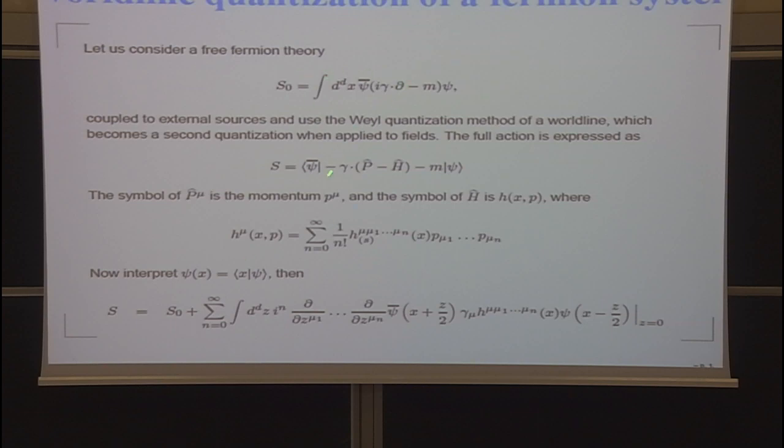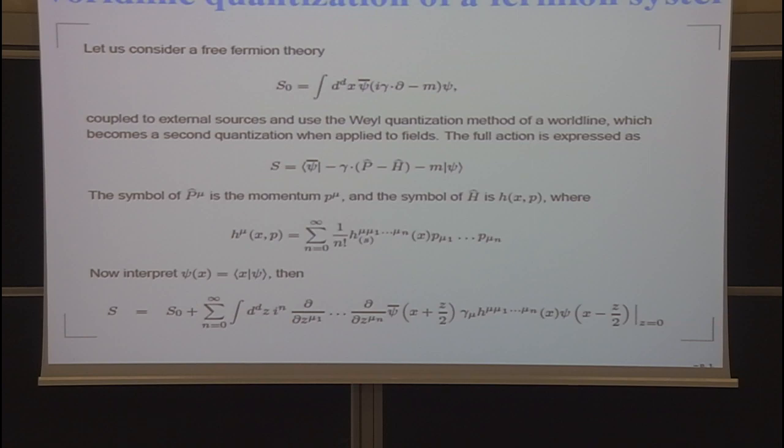But then we replace this with operators, and we represent it in this way, where P is the momentum operator, psi are the vectors, say, stated in phase space, and gamma is the gamma matrix, and H contains an operator whose symbol is represented by this infinite set of symmetric fields. Well, they are symmetric in mu1, mu2, and so on, but not in mu, of course, in general.